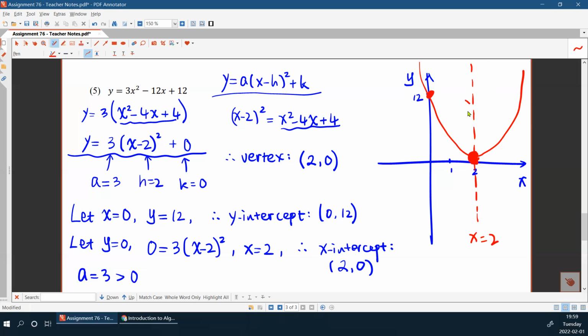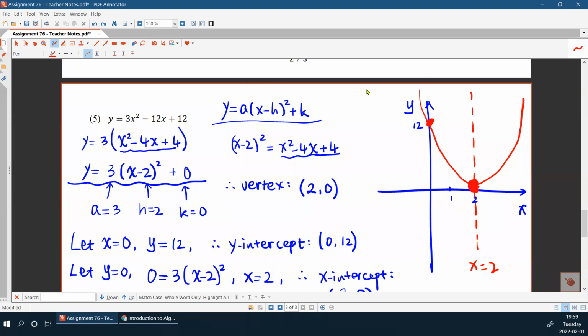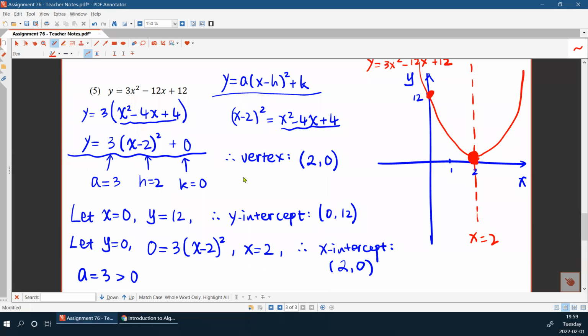And usually we'll label the curve with its expression. Okay, so this is a complete sketch of the quadratic function. Please have a look at this and let me know if you can proceed to the next one, okay?